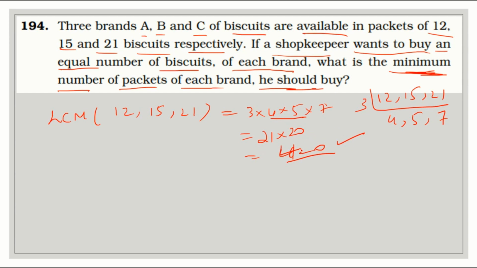Therefore 420 biscuits of each type we can buy.